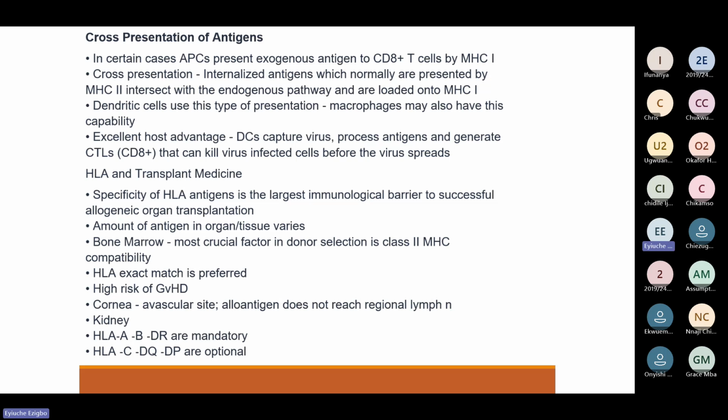Sometimes in the immune system, there will be a process that they call cross presentation of antigens. In certain cases, APC cells present exogenous antigen to CD4 cells by MHC class 2.